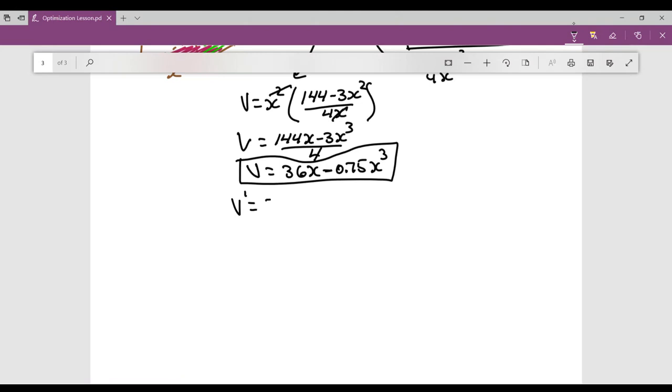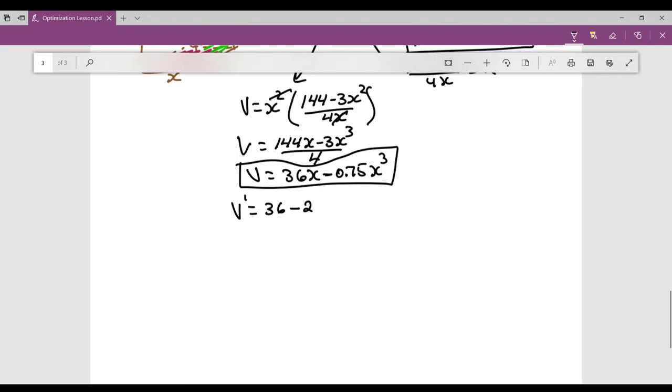So V prime is equal to 36 minus 3 times 0.75, which is 9 fourths, which is 2.25x squared. Set it equal to 0.